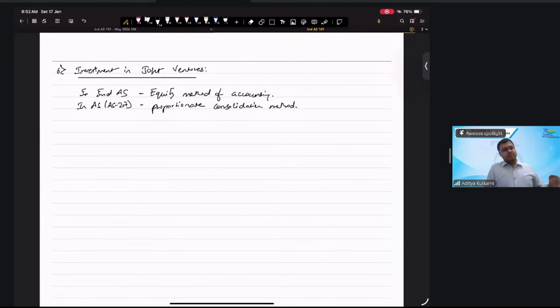It will go in investment. It cannot go in retained earnings because this will affect my investment cost. This would be affecting my cost of investment. So therefore, it will go there. Or rather, the carrying amount of the investment. Okay, so that is something which we are having in terms of joint ventures.